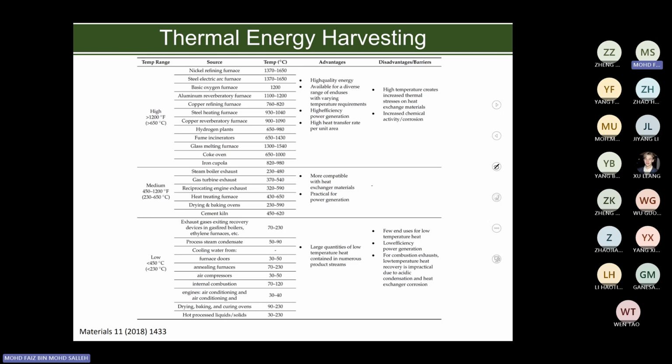Depending on the temperature, the low heat is quite difficult to harvest, because when the heat is too low, the application is limited. But for the medium and high, it's quite easy.